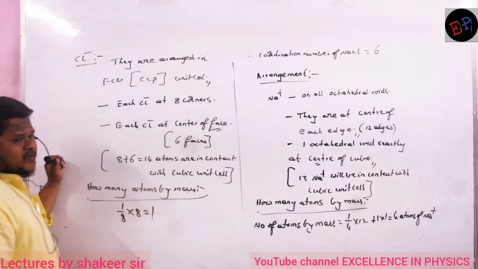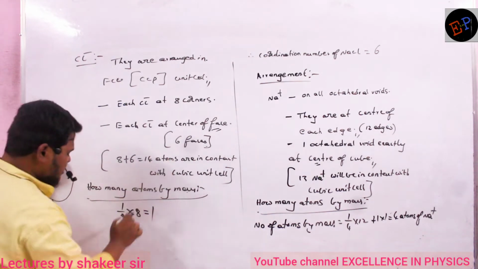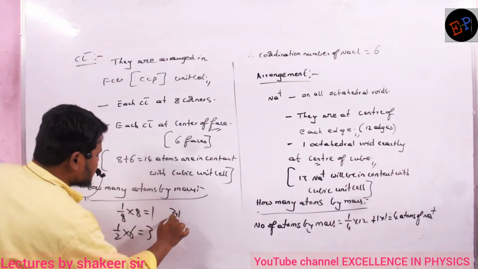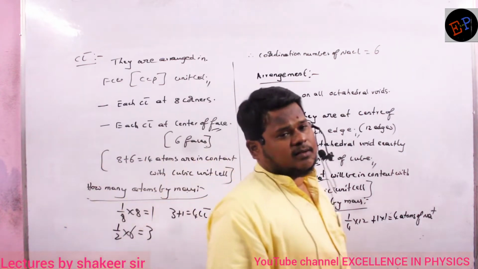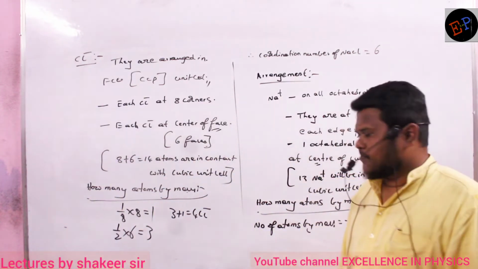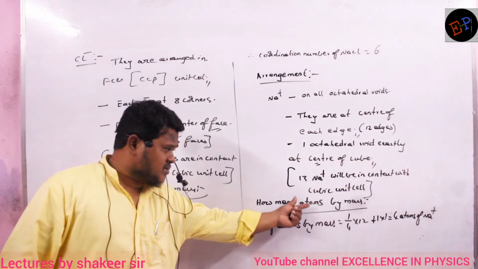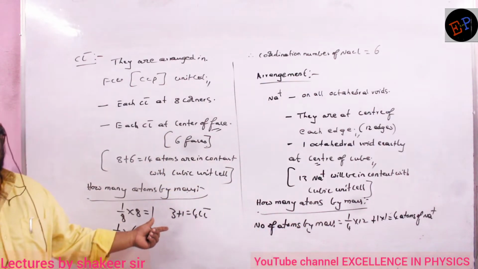What is the contribution of a face? 1 by 2. How many faces? 6 faces, so 6 atoms. 1 by 2 into 6, 3. So total 3 plus 1 is how much? 4 Cl minus ions are present in 1 NaCl unit cell. Are you able to understand? So therefore, in 1 unit cell, you can find 4 atoms of Na plus and 4 atoms of Cl minus.